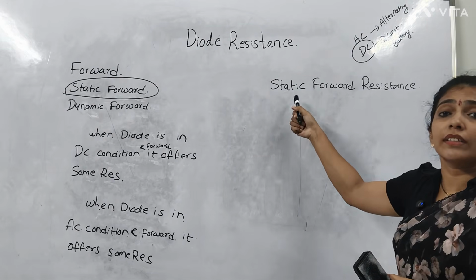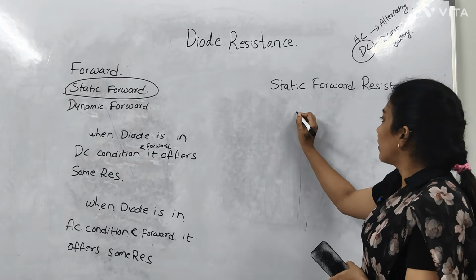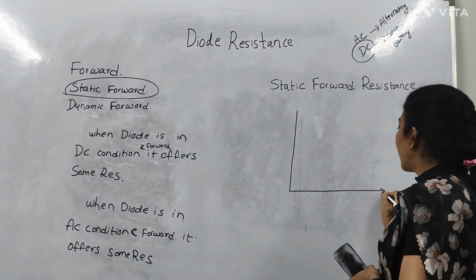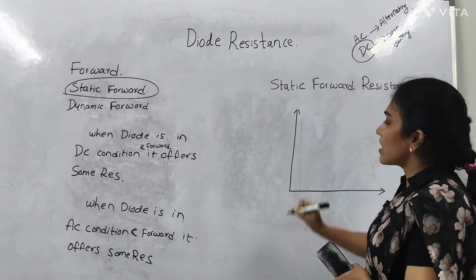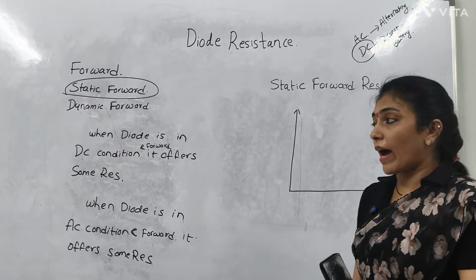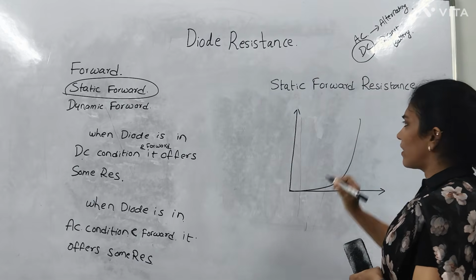Then how do we find the static forward resistance? Here we need to take the VI characteristics of a diode in forward bias condition. We already know the graph will be like this.